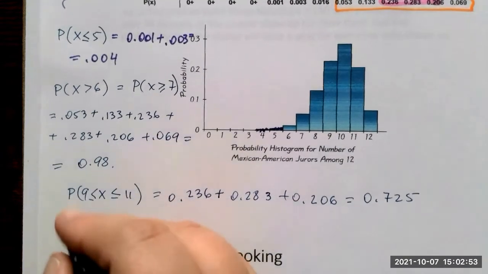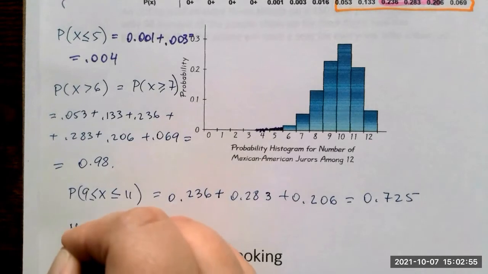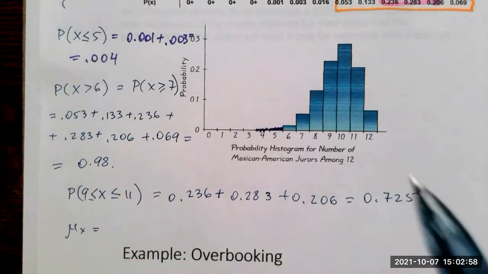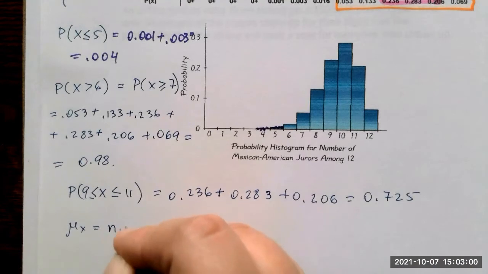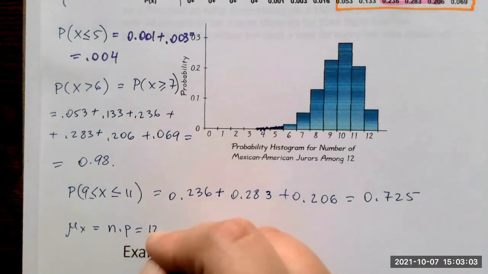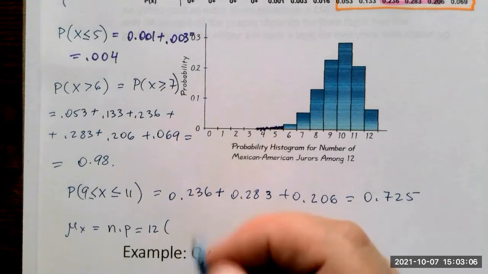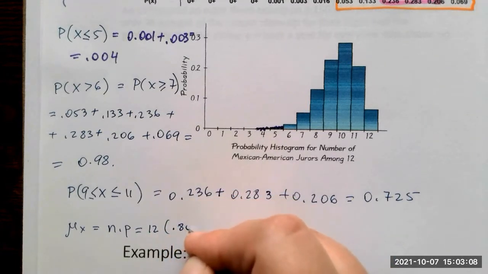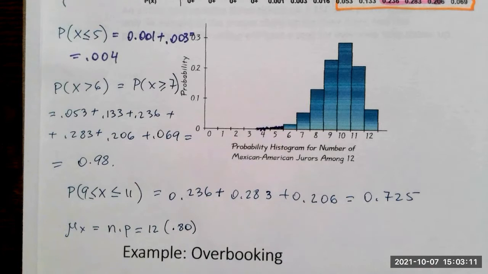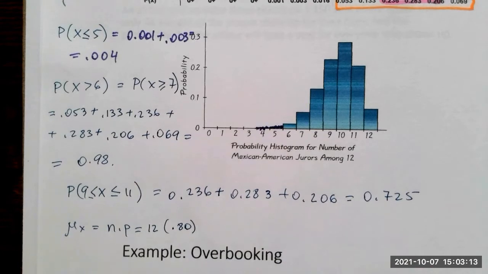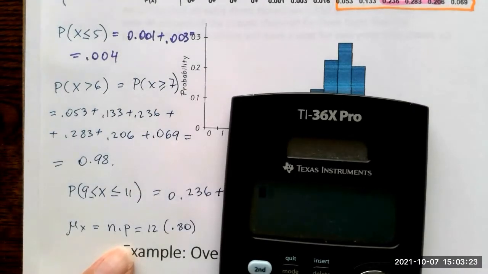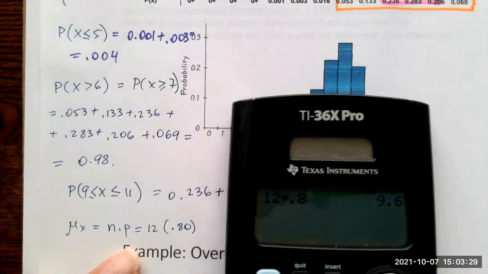The next question is to find the mean and standard deviation for this distribution. Let's do that. So the mean is going to be n times p, right? n is 12. p is the probability of success. We said there were 80% Mexican American jurors, so that's our probability of selecting someone who is Mexican American. Let's put it in a calculator: 12 times 0.8 gives me 9.6.